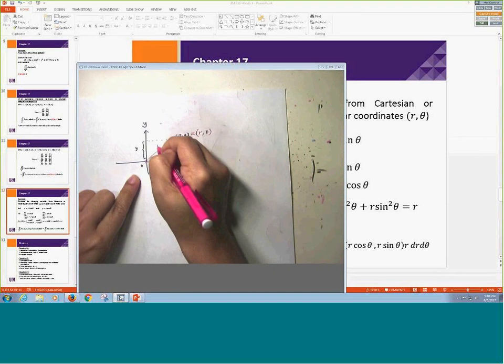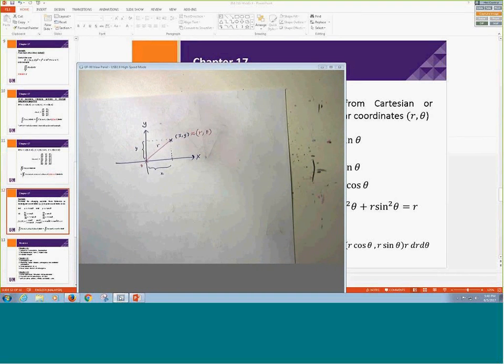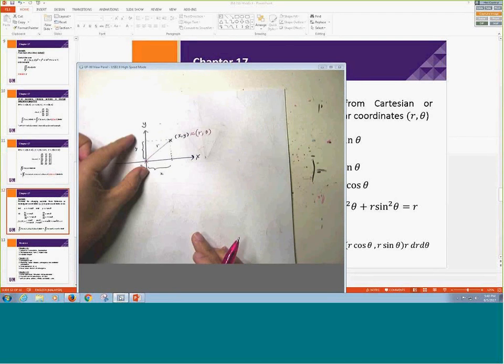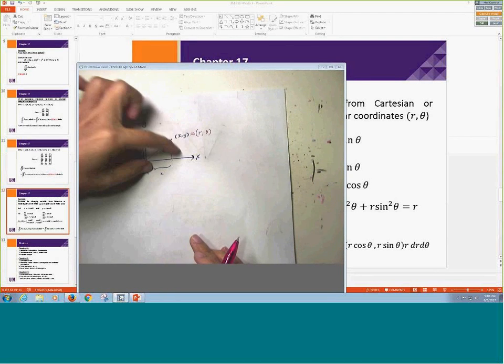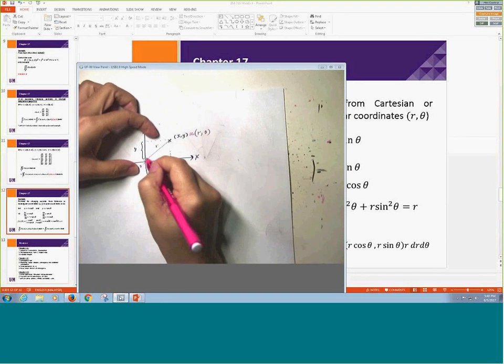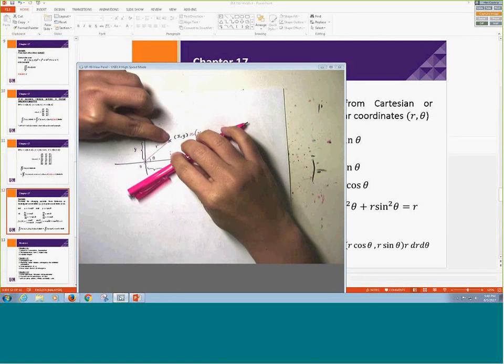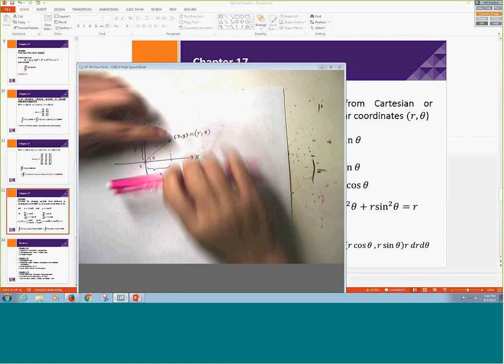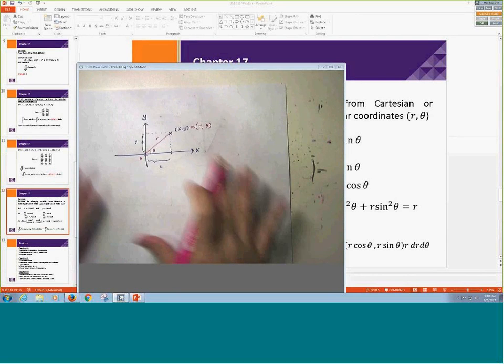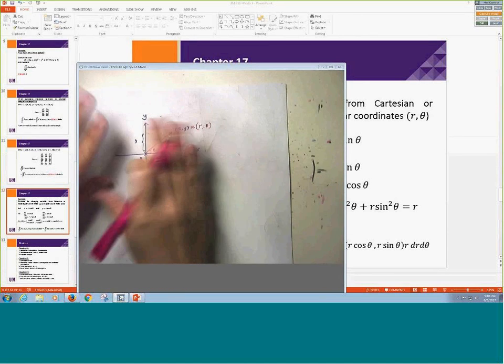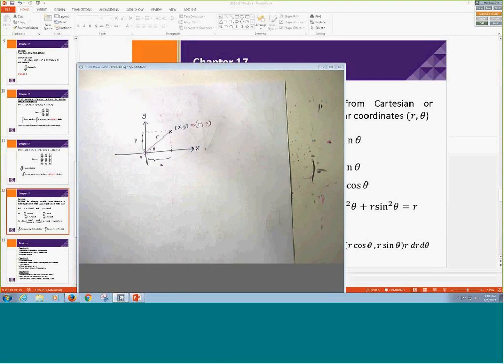The distance from the origin to the point represents the r, and theta represents the angle from the x axis. So you get the point here.